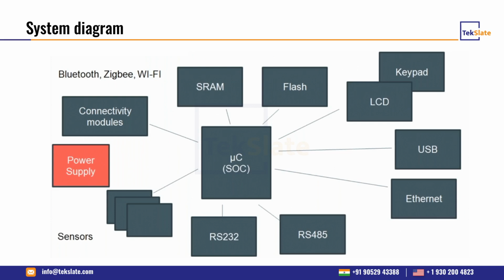Then there are keypad, LCD, USB, Ethernet, RS-232, 485, and a wireless connectivity module. Any sensors used are connected through I2C or SPI kind of interfaces. And a power supply design is also part of the board, supplying power to all these different elements.